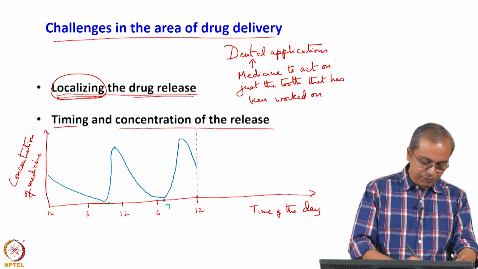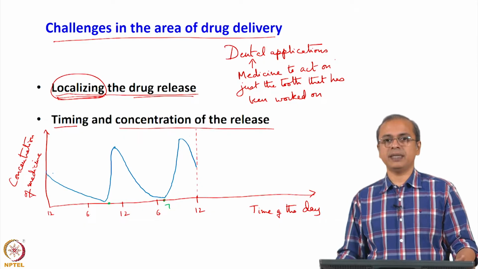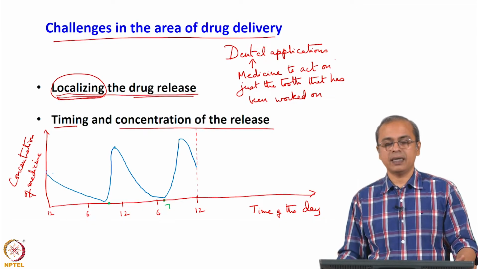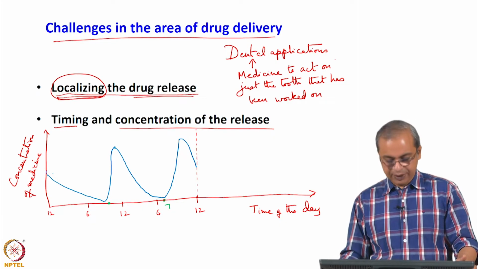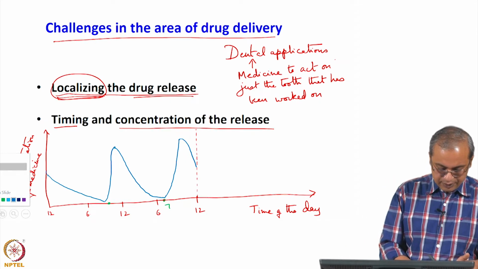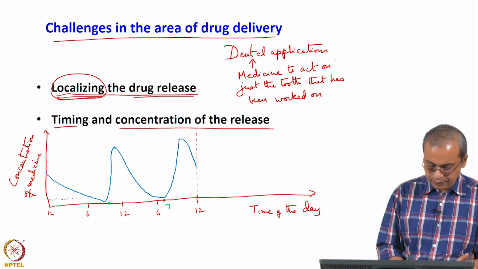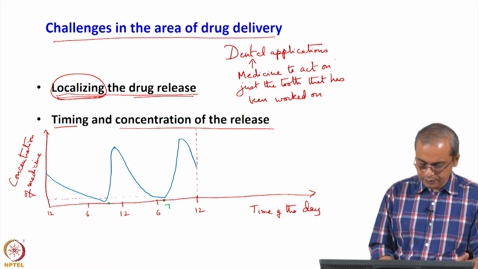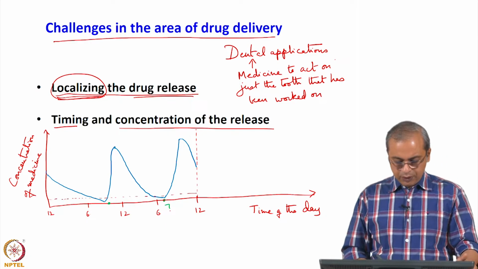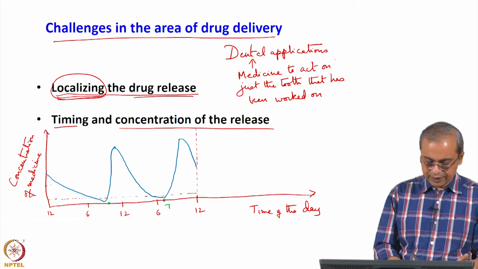So, just for example's sake, let us say there is a certain minimum concentration of this medicine that has to be there in the person's body for it to function very effectively. So, let us say that minimum value is somewhere here. And very effectively it will work at some concentration here, let us say.